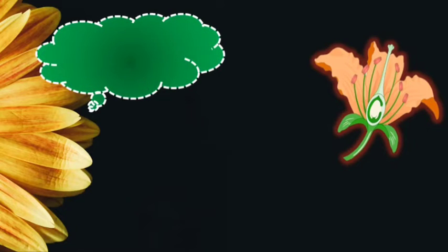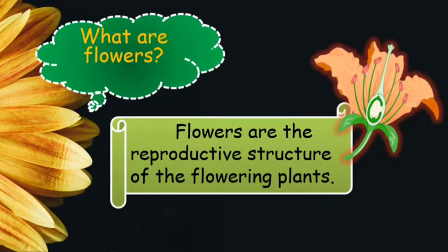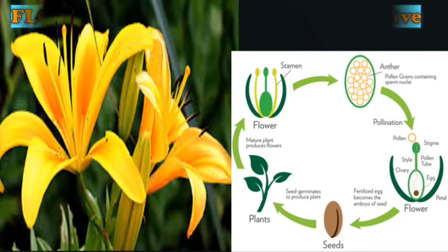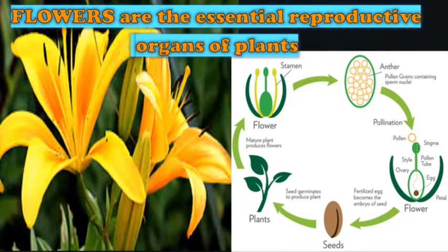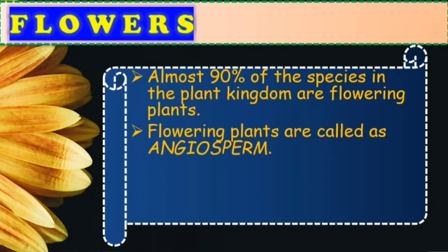So I have a question now. What are flowers? Flowers are the reproductive structure of the flowering plant. Also, flowers are the essential reproductive organs of plants. Almost 90% of the species in the plant kingdom are flowering plants.